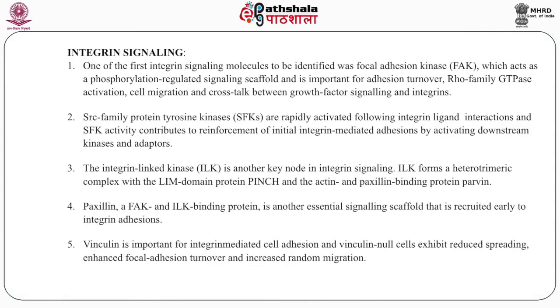Now, the second mode of integrin signaling is through SRC family protein tyrosine kinase. SFKs are rapidly activated following integrin ligand interaction, and SFK activity contributes to reinforcement of initial integrin mediated adhesions by activating downstream kinases and adapters.